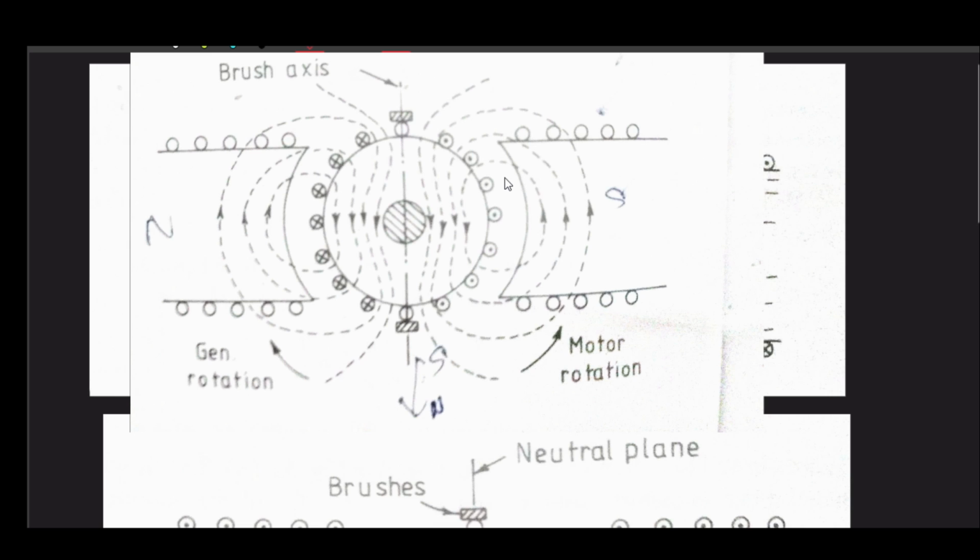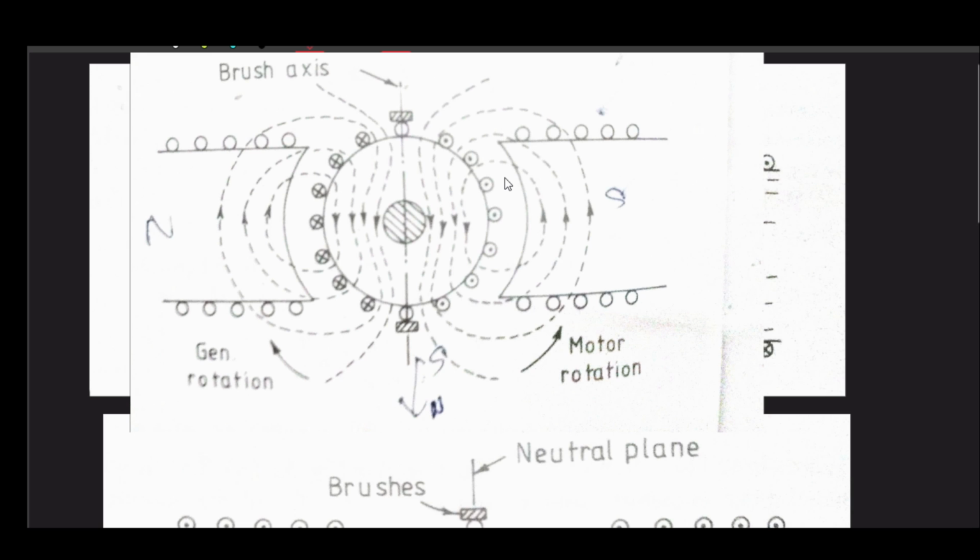How can you find out the direction of the armature current field? Again you have to use the right hand tip rule. If you use it, you can find out the direction of the magnetic field.